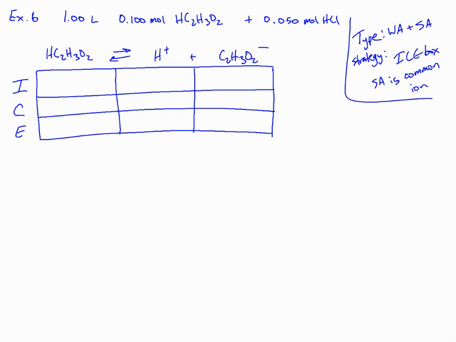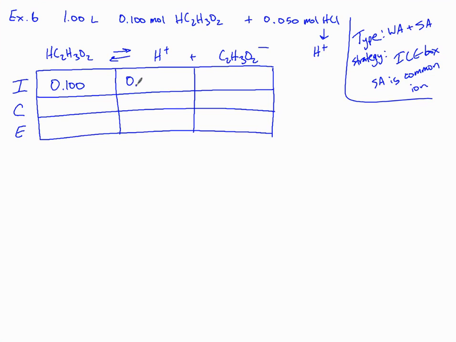So we're going to list everything that we know here. In the beginning, we know that we have 0.1 moles or 0.1 molar of the acetic acid. We also know that we have some existing HCl, which means this is all H+.